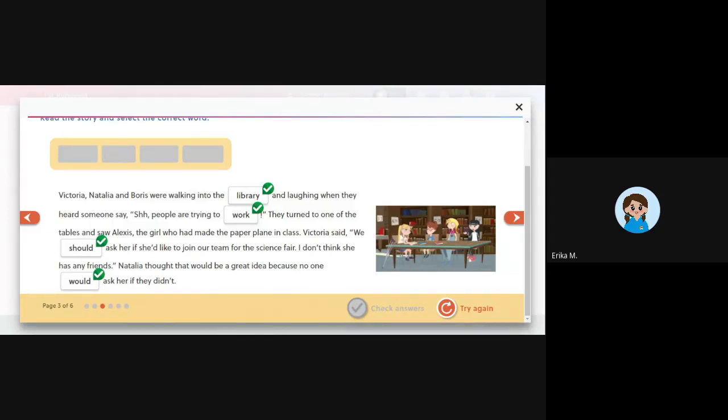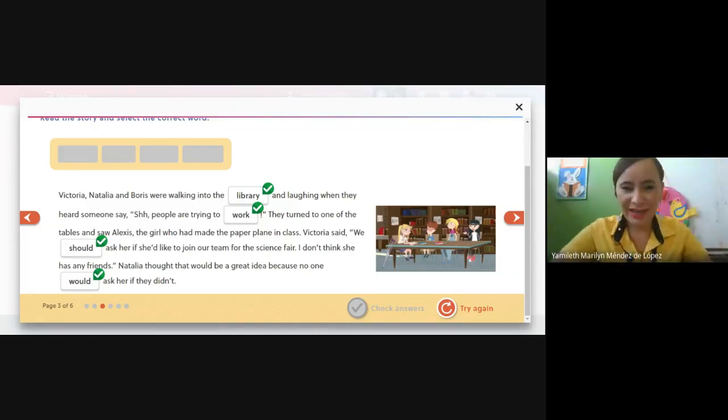Victoria said, "We should ask her if she'd like to join our team for the science fair. I don't think she has any friends." Natalia thought that would be a great idea because no one would ask her if they didn't.